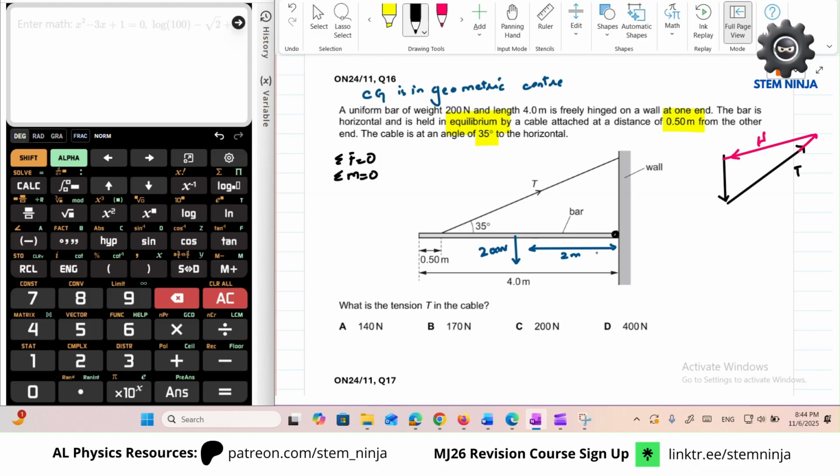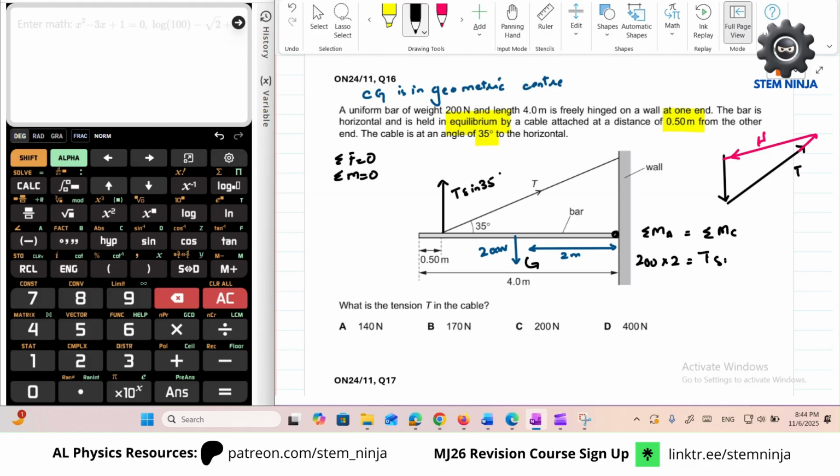So this is how it's acting in equilibrium for the translational. But the moment-wise, that is also happening. So sum of anti-clockwise moments equals sum of clockwise moments. We have anti-clockwise, 200 Newton times 2, and clockwise moment would be T sine 35 degrees, and 4 minus 0.5, so 3.5.